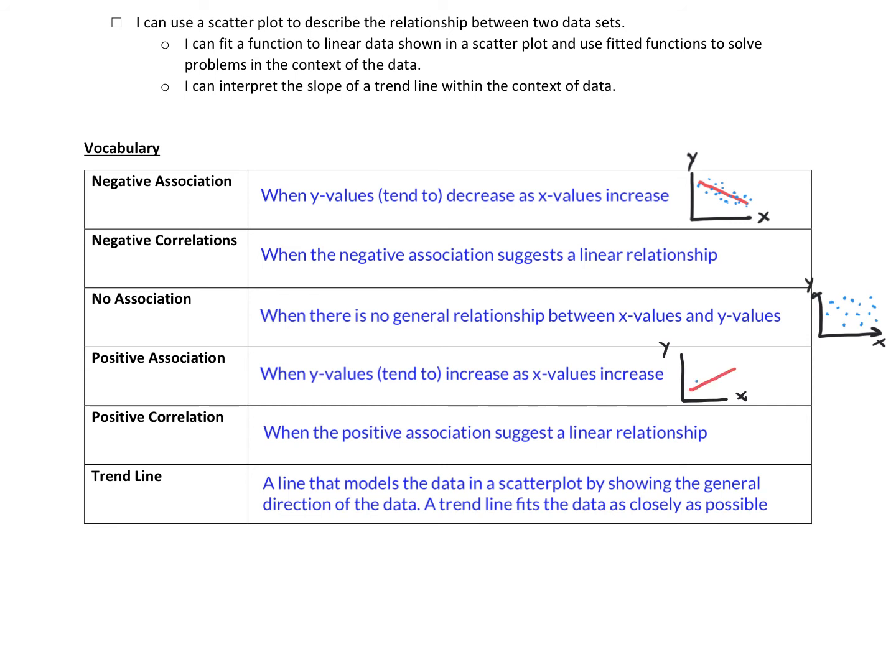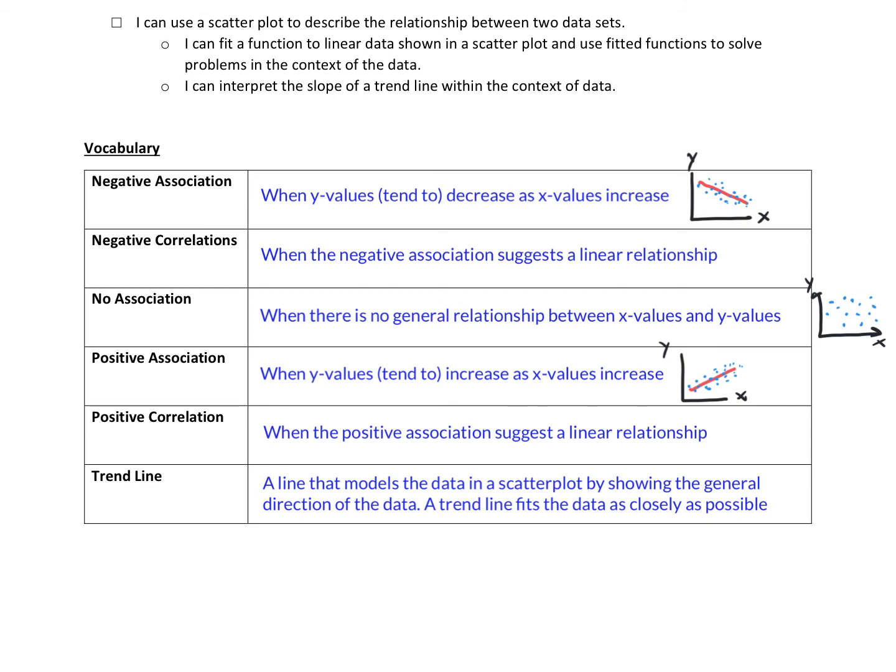So the data points would follow along some sort of positive pattern like that. Positive correlation is when that positive association suggests a linear relationship. If it appears to be in a line, it's suggesting a linear relationship, and then we start to use the word correlation to describe that.